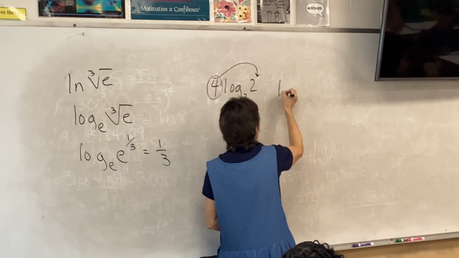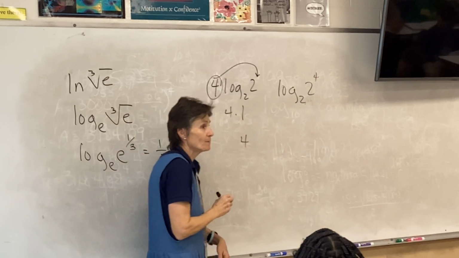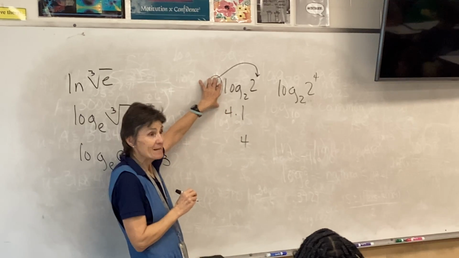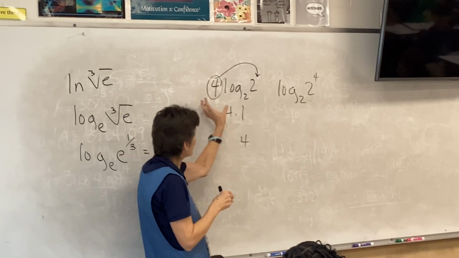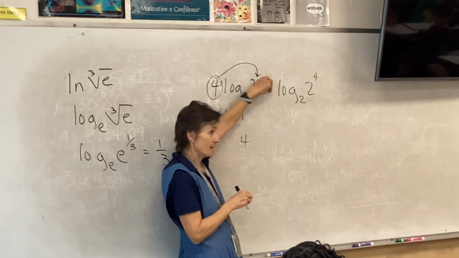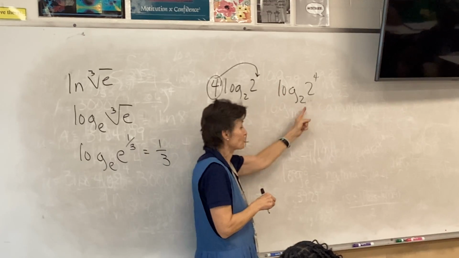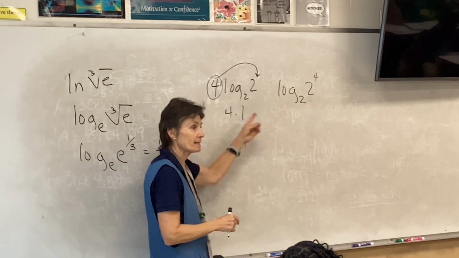So this is really the log base 2 of 2 to the 4th. Anytime there's a coefficient on a logarithm, I hope you remember this from last year, it represents an exponent. So we really have log base 2 of 2 to the 4th, which is 4.